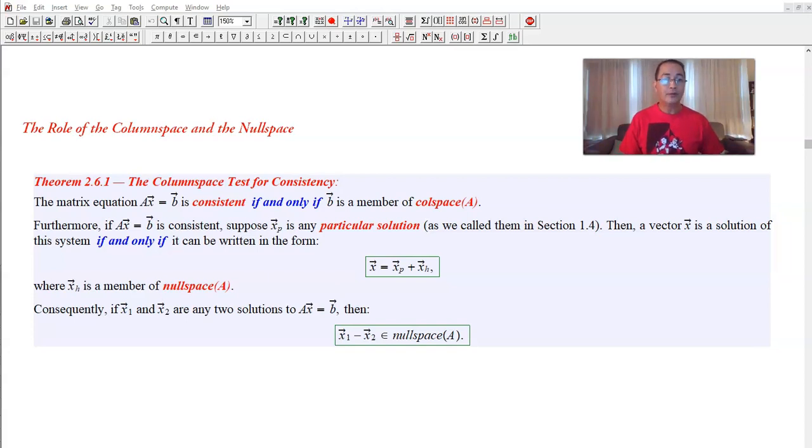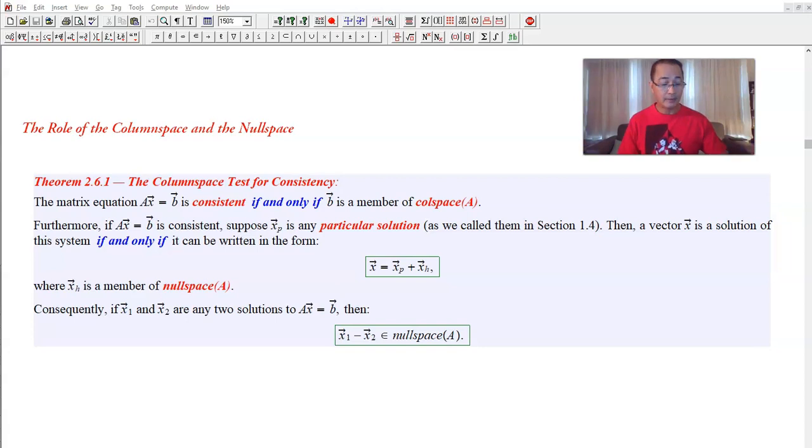Furthermore, if AX equals B is consistent, suppose that xp is any particular solution, as we called them in section 1.4. Then a vector x is a solution to this system if and only if it can be written in the form x equals xp plus xh, where xh is a member of the null space of A. This part we've actually seen before, except I didn't exactly point a finger to it.